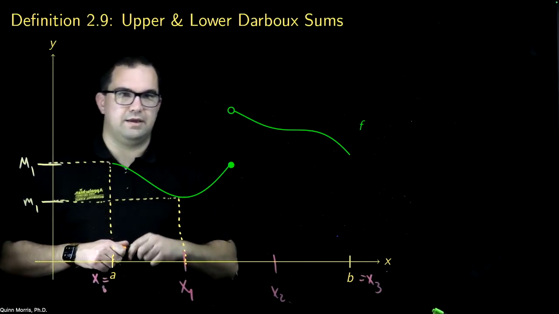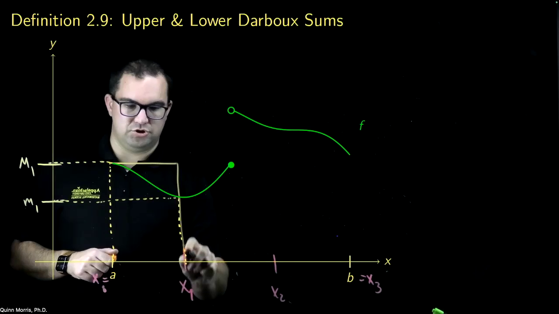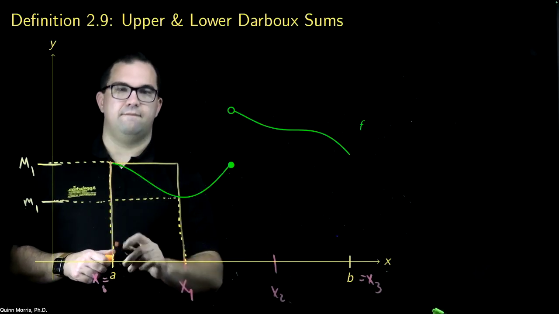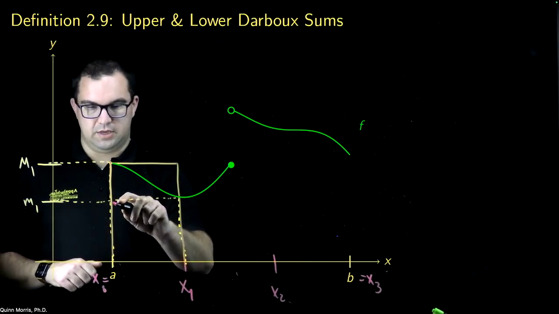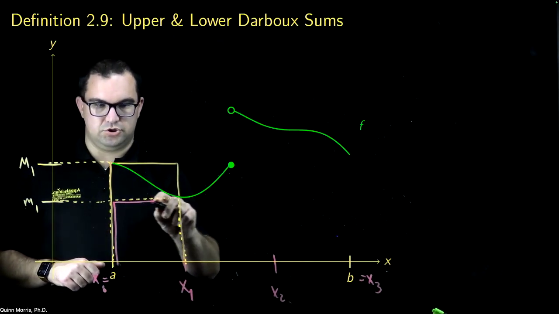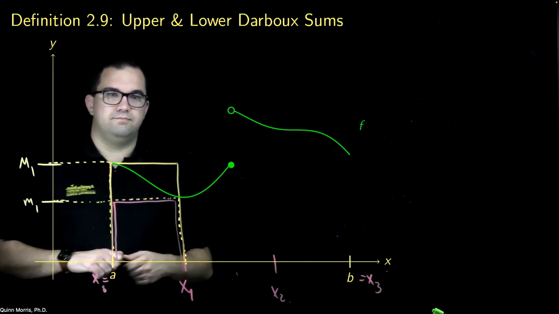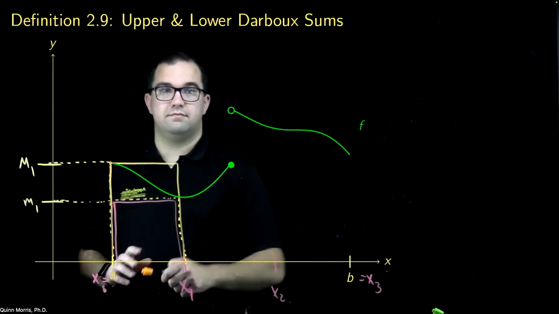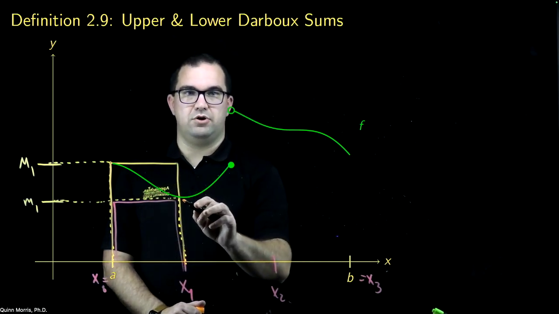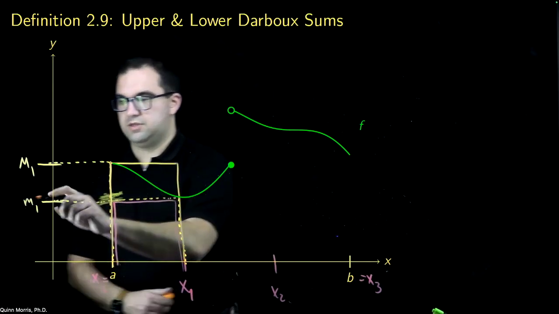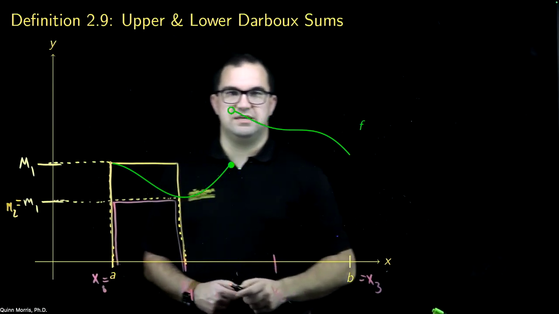If I'm doing an upper Darboux sum, I would choose this as my approximating rectangle. If I'm doing a lower Darboux sum, I would choose this as my rectangle. Again, on the second subinterval, I look at the smallest output value. It looks to be about the same place, maybe we can just say m2 is equal to m1.